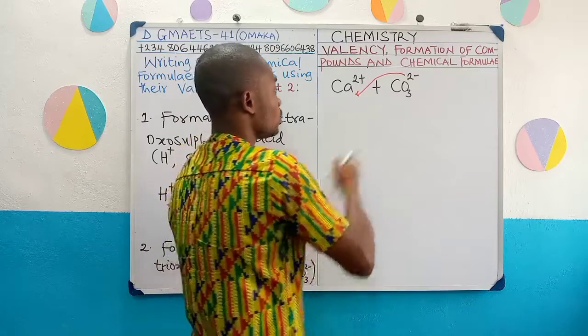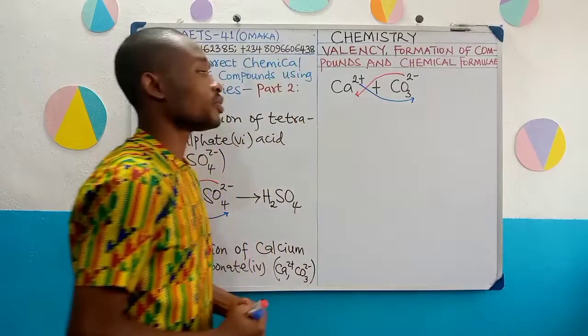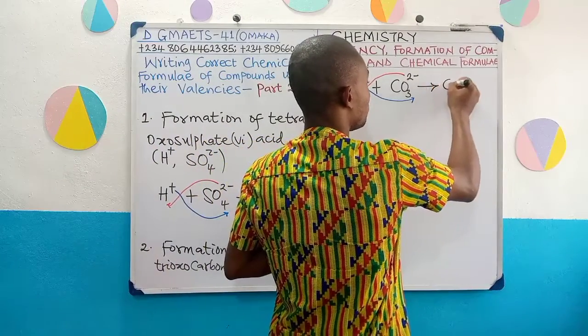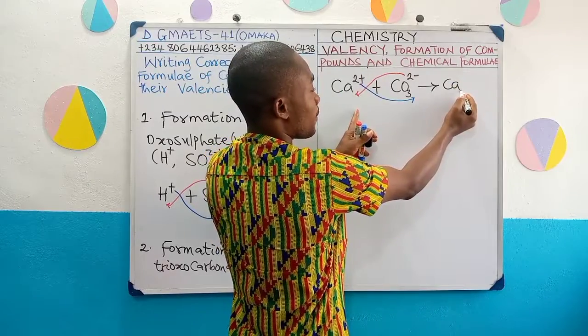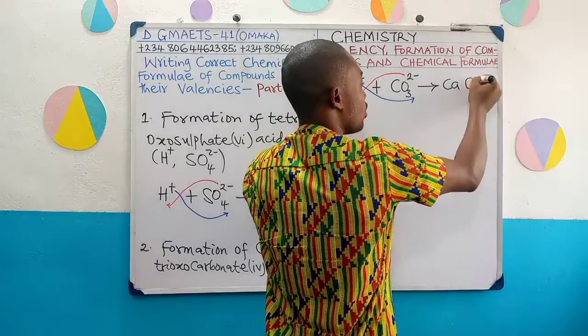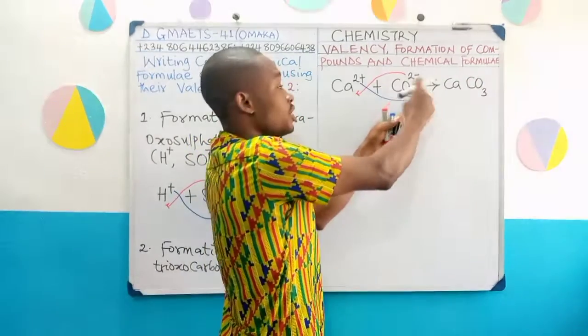Calcium will also step down its 2 valency to this CO3 2-. So we expect to get calcium. Now 2 will come over here from this CO3 2-. Then CO3, take note that calcium will also give 2 to this CO3.